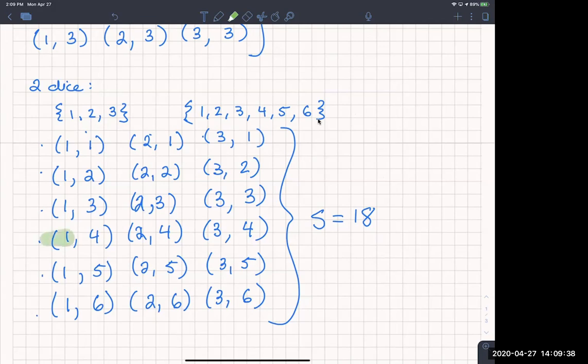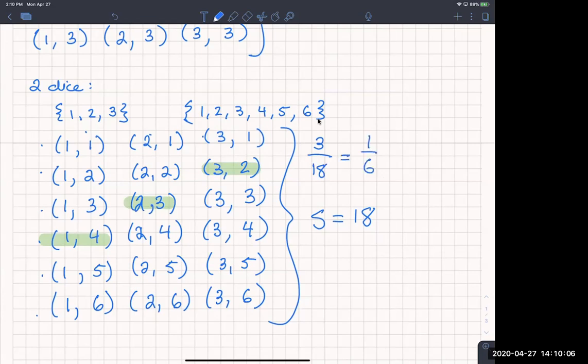Well, 1 and 4, 2 and 3, 3 and 2, okay? And that's pretty much it. So there's 3 combinations that add up to 5, and there's a total of 18 different combinations.